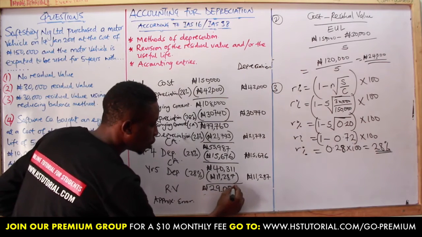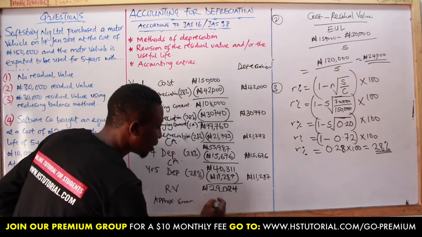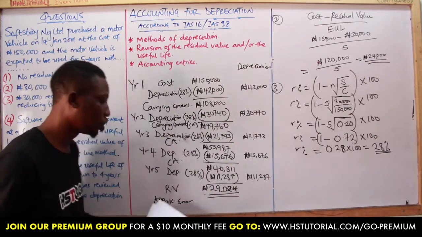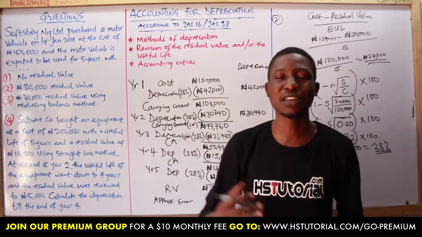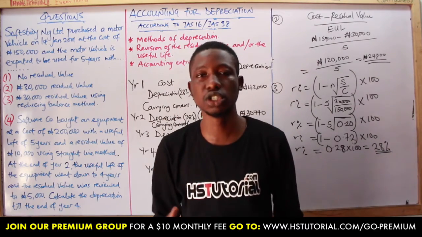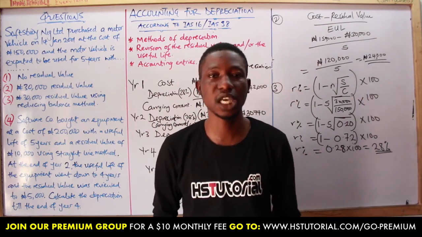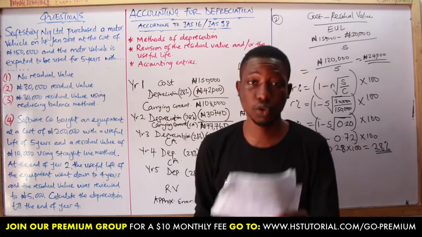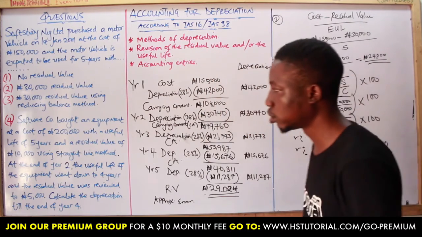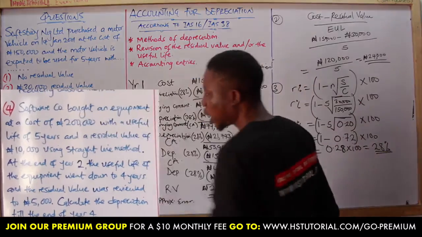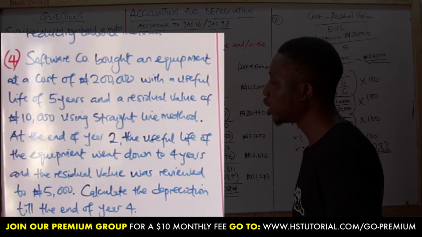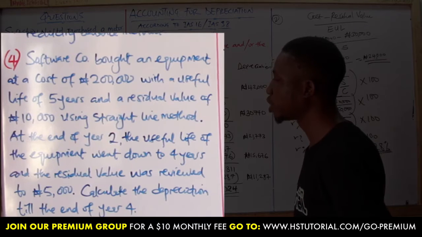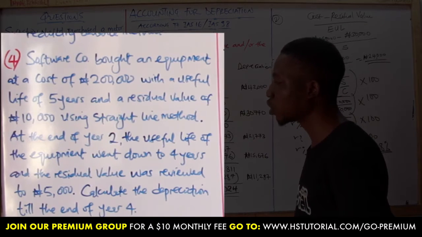So now we are moving to our last question on section 1 of depreciation, which is when there is a revision of residual value and or a revision in the useful life of the assets. Which is question number 4? The question says Software Co bought an equipment at a cost of 200,000 naira with a useful life of 5 years and a residual value of 10,000 naira using the straight line method.